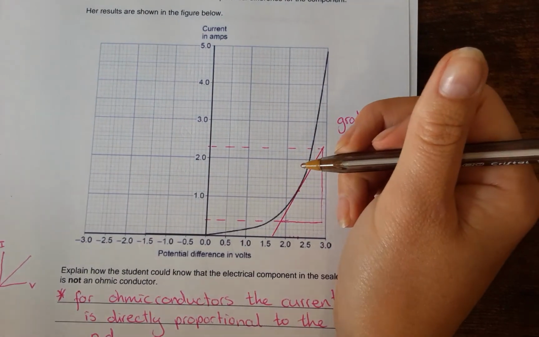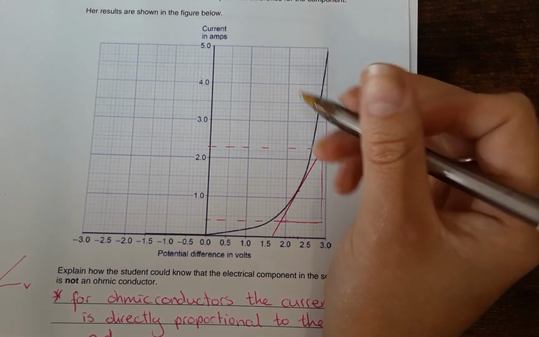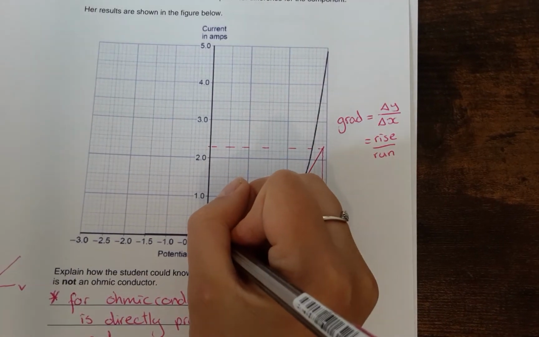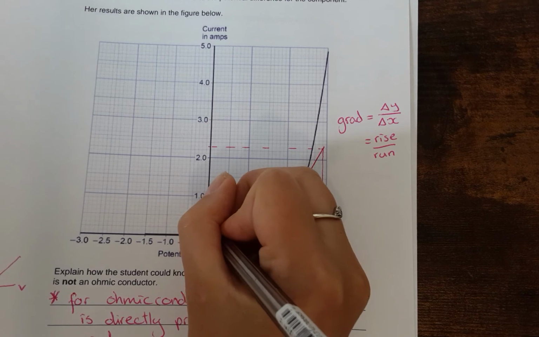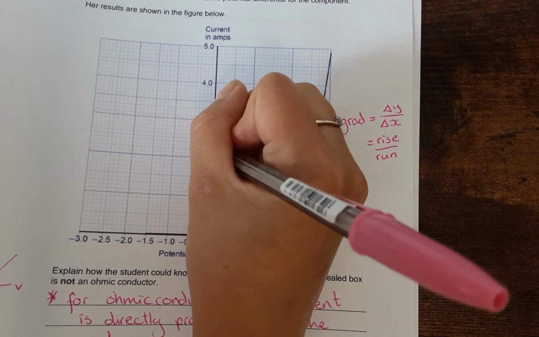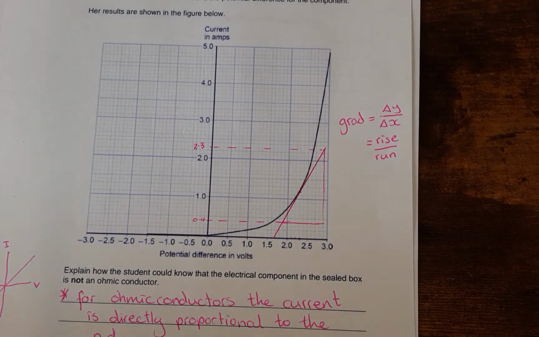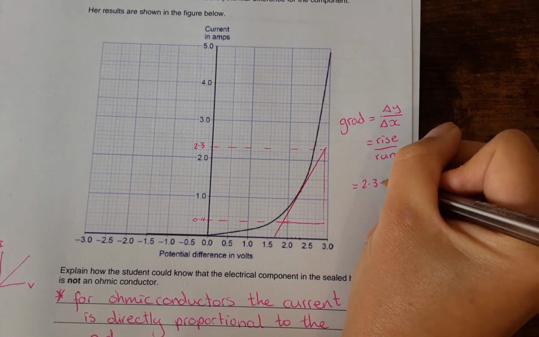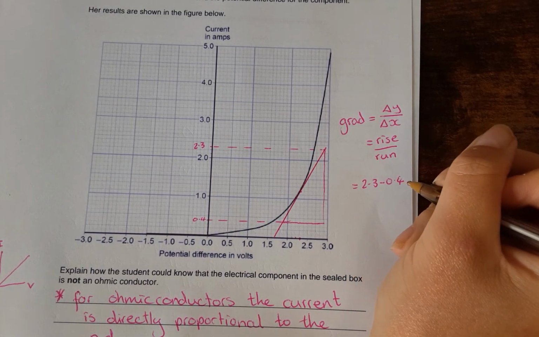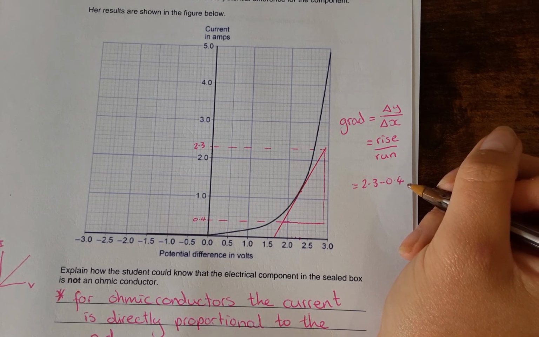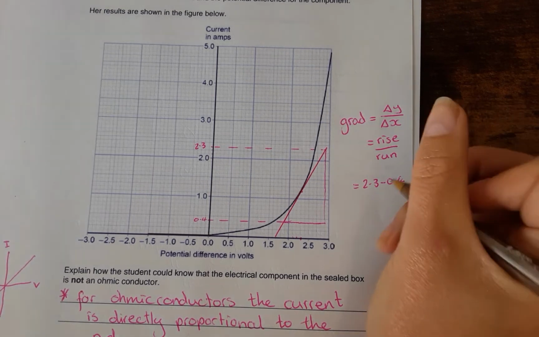Then I need to know what these values are. So that is 0.4 and this is 2.3. So to work out the change in y, I'm going to do 2.3 minus 0.4, and that will tell me what my rise is. So 2.3 minus 0.4 is 1.9.